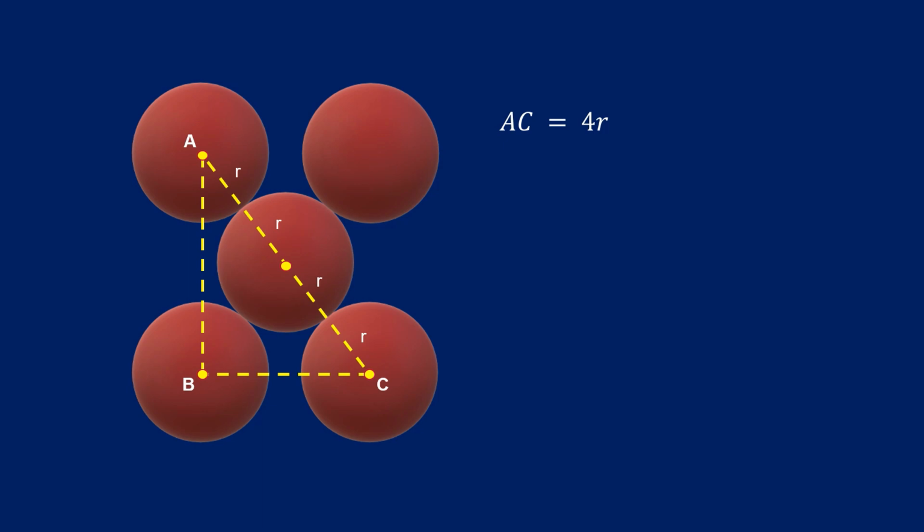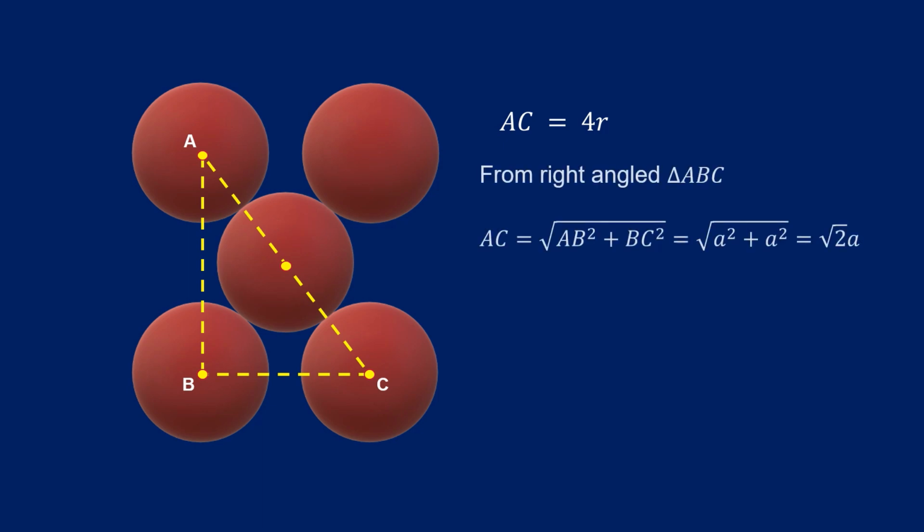Also, if we join the centers of the spheres, we see that it forms a right-angled triangle ABC, which is right-angled at B. Thus, by applying the Pythagoras theorem, we see that AC is equal to √2 a. Equating the values of AC, we can get the relation between the edge length a and the radius r of the spheres.